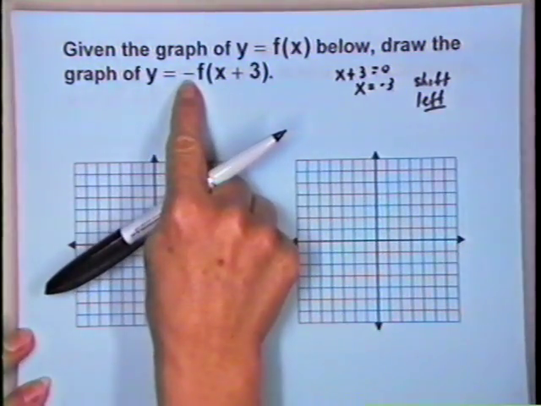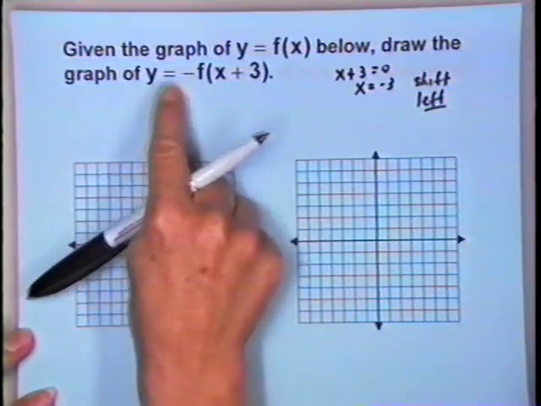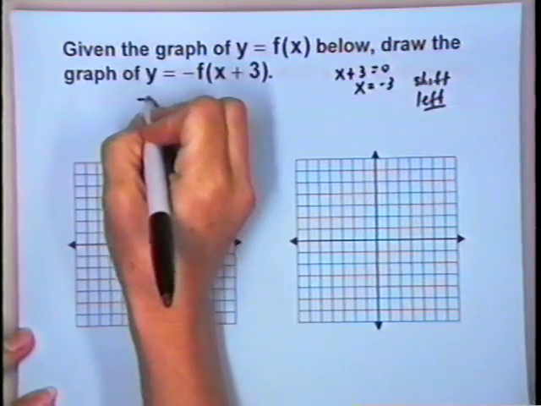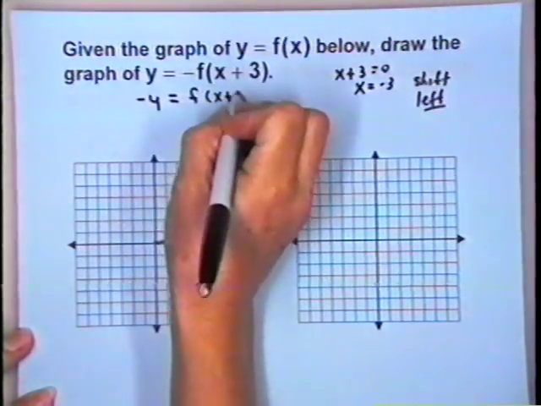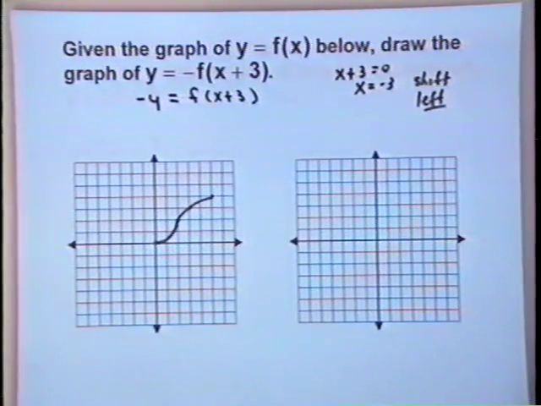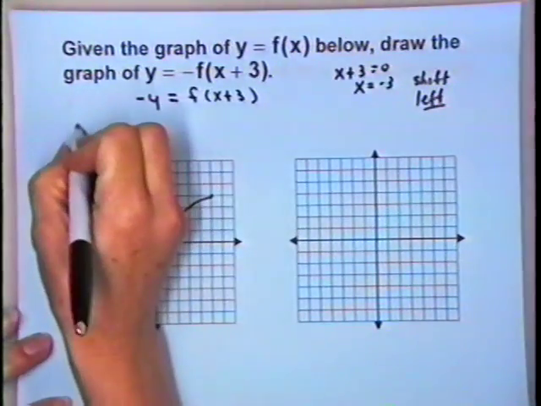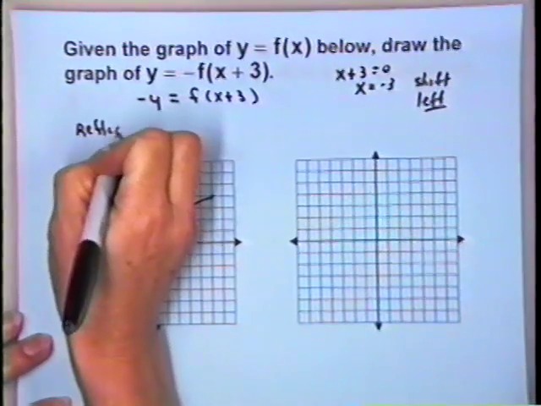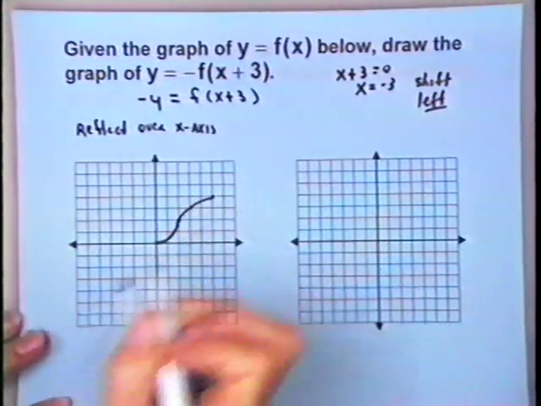Now, what about this negative? Is the negative on x? No, it's not inside there. In fact, I could multiply both sides by a negative and get negative y equals f of x plus 3. So that's like changing y to negative y, isn't it? Remember, if you change y to negative y, you're reflecting over the x-axis. So we want to reflect over the x-axis.